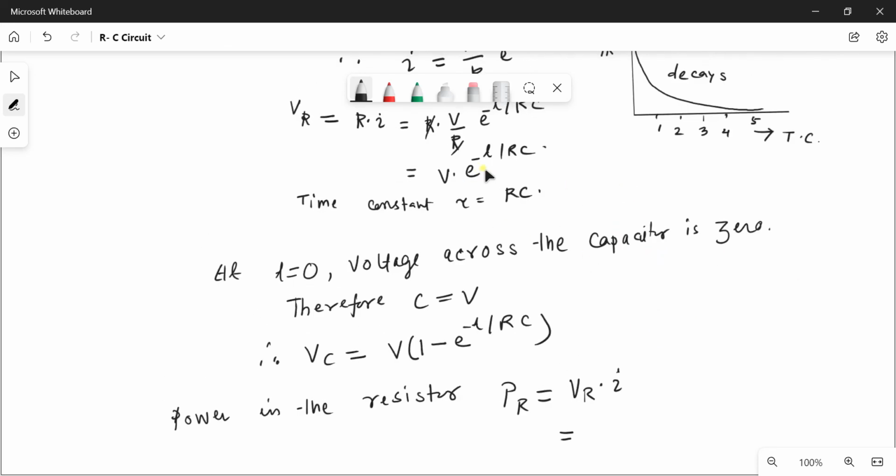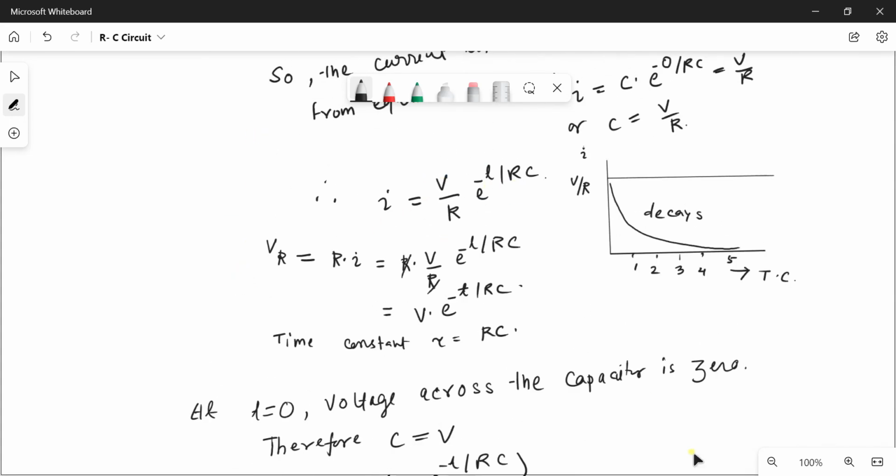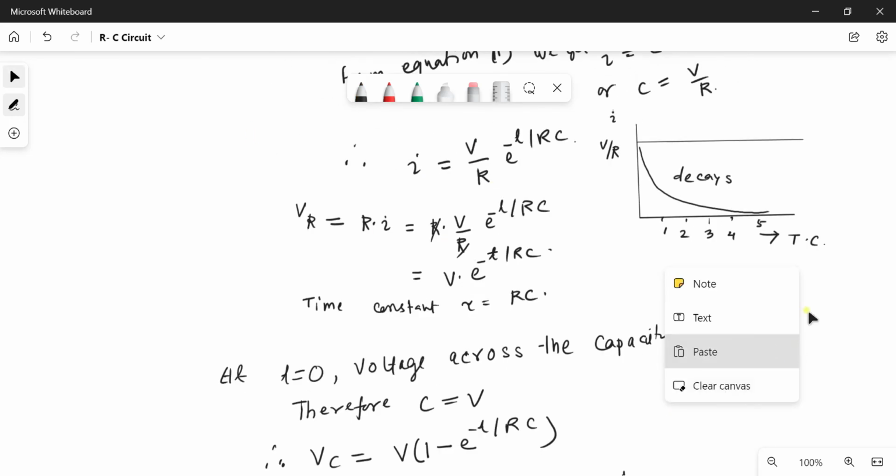And power in the resistor, PR, is equal to VR into i, and VR is equal to Ri. So I am putting the value of i equal to V by R e to the power minus t by RC.